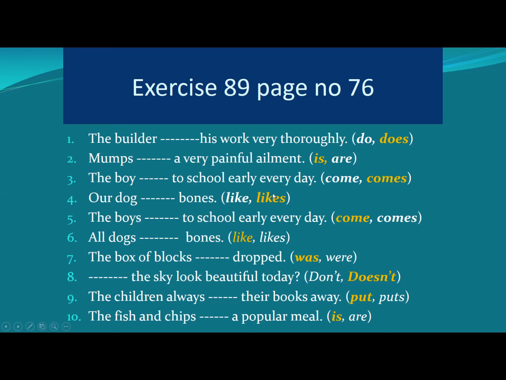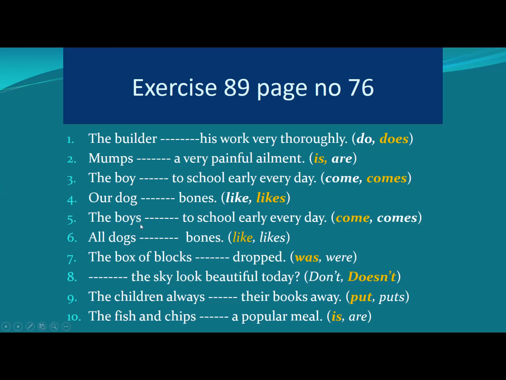Number 4: our dog likes bones. Dog is third person and singular, so we will not use like, but we will use likes. Number 5: the boys come to school early every day.